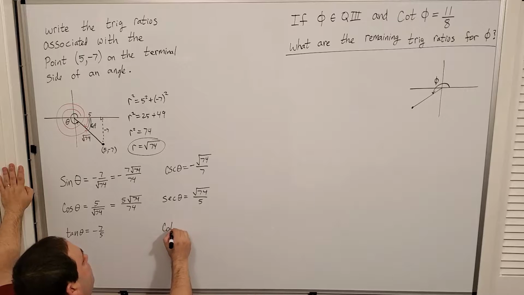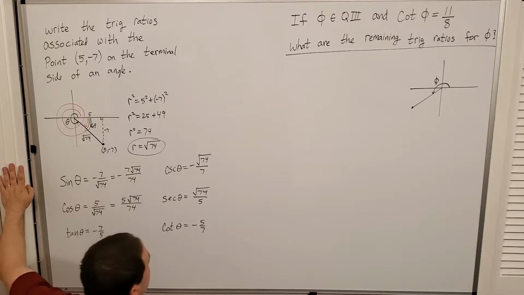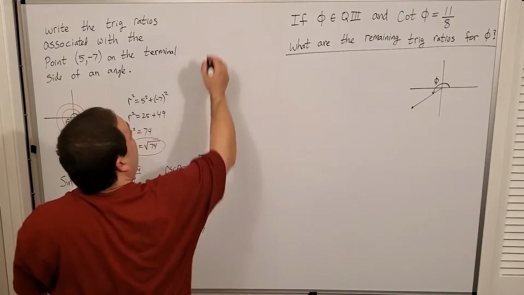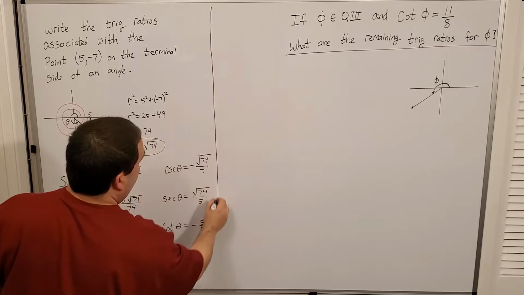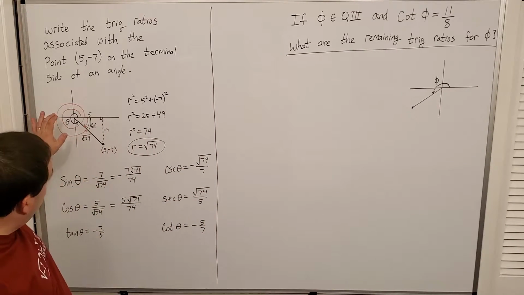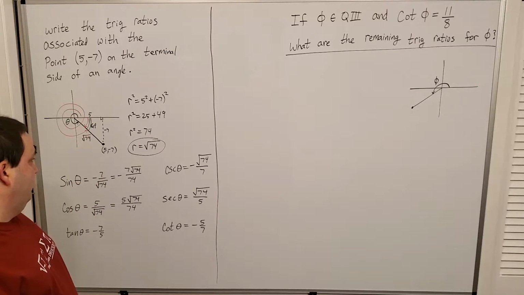And cotangent of theta is going to be negative 5/7, reciprocal of that one. Okay, so I have my 6 trig ratios associated with any angle that hits the terminal side containing the point (5, -7). All right?